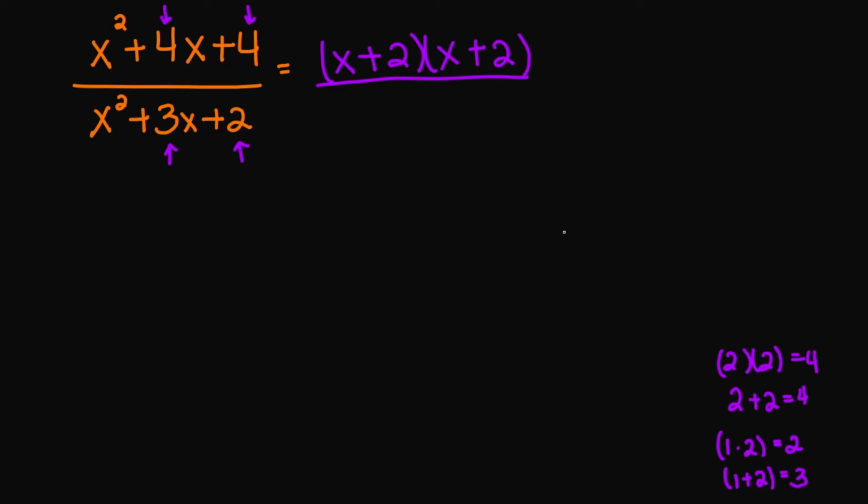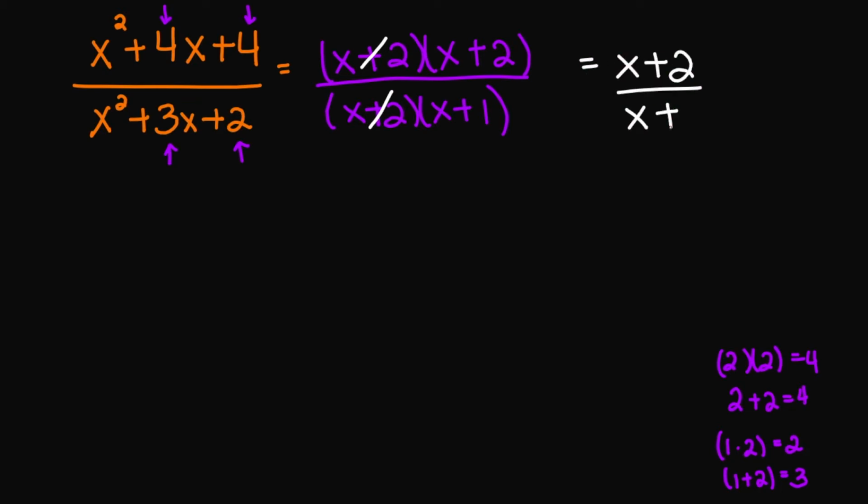So the numbers I'm going to use are 1 and 2. I'm going to do x plus 2 here, and then x plus 1 here. Now, based on the cancellation property, I'm going to cancel my x plus 2, and I'm going to be left with x plus 2 in my numerator over x plus 1 in my denominator. And this is your final answer.